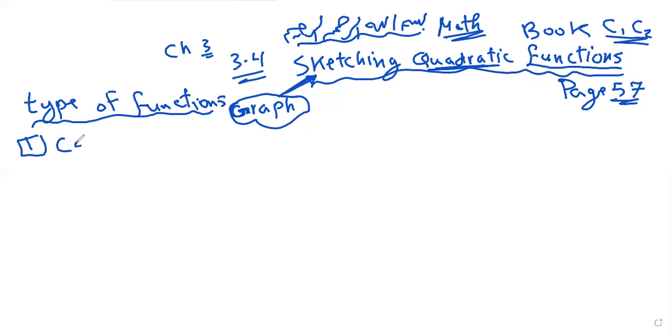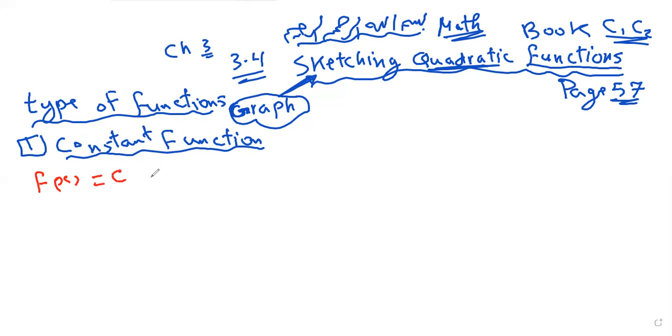The first type is constant function. Who can tell me any example about it? f of x equals c. C meaning any number or any real number.